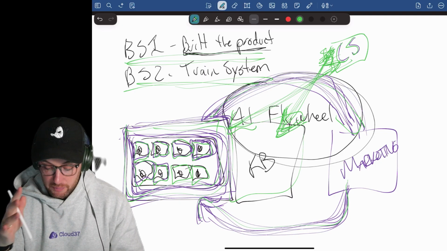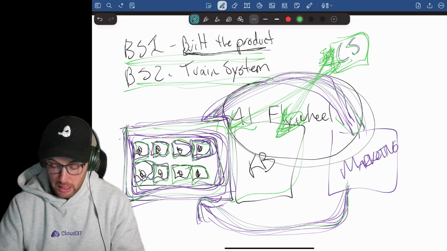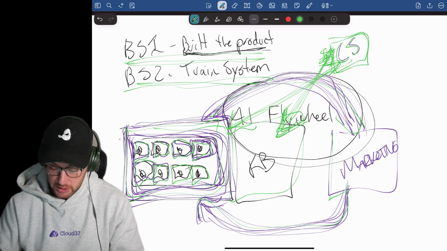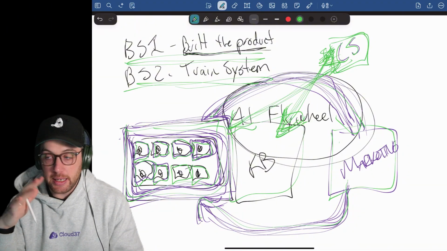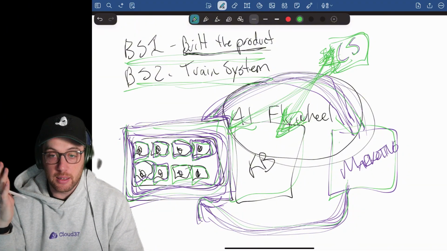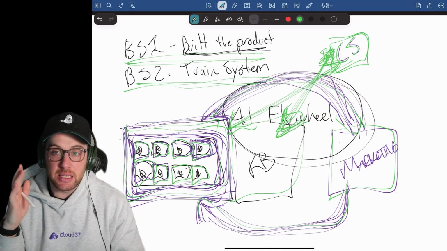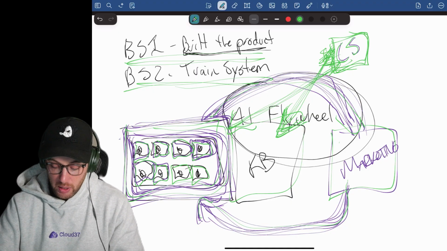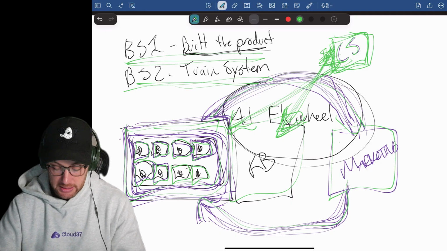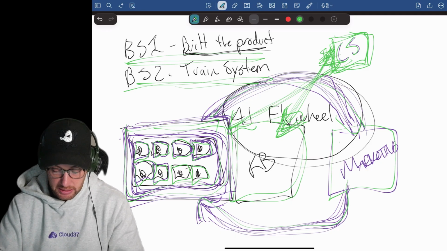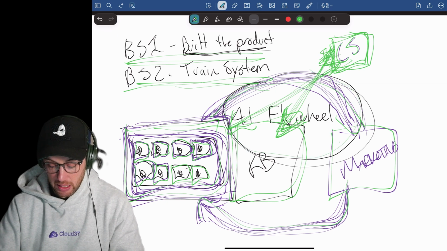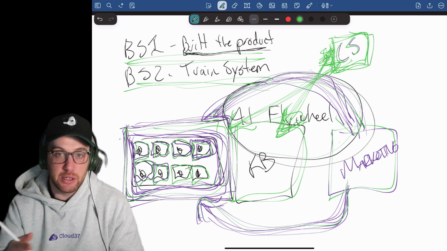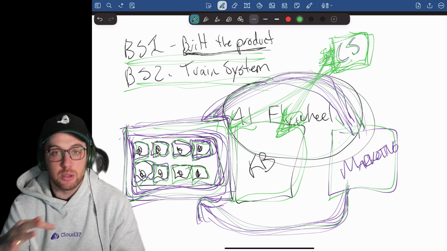Now, the last part of this one is the customer support tickets as well. There's one more thing to the customer support tickets to the marketing. This one drives me insane because the amount of gold that's in your customer support tickets is really unheard of. If you were able to take all of your customer support tickets and put them into your AI system, into your AI flywheel, the amount of marketing materials in there is absolutely insane.